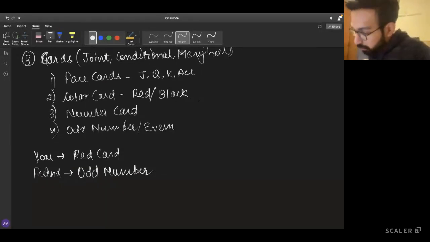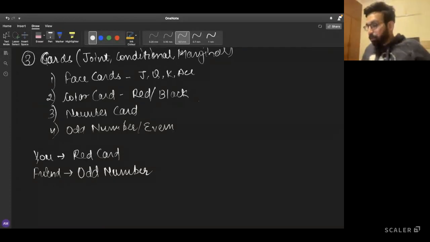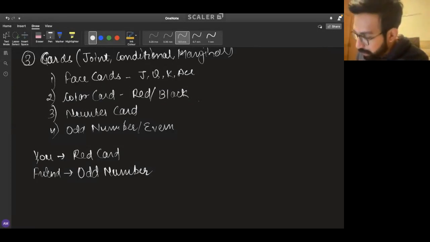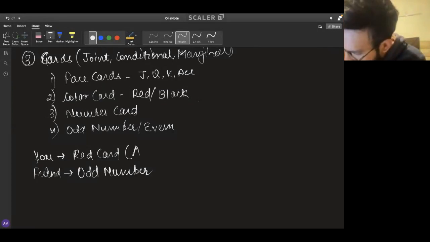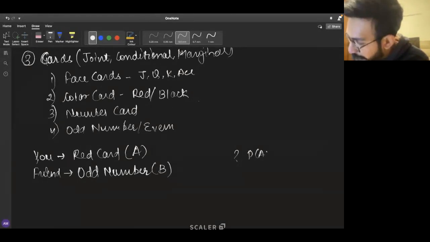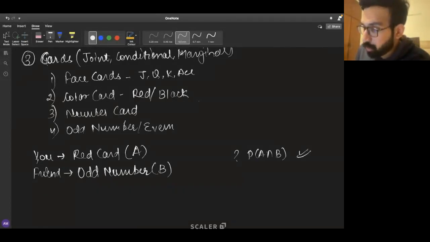We want to find the probability of the case where both you and your friend will win. So let's mark this with A and this with B. We want to say what is the probability for the case where both you and your friend will win. This is what we are looking for.